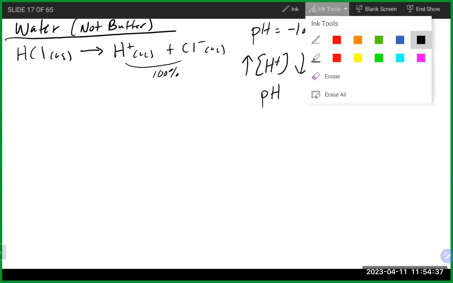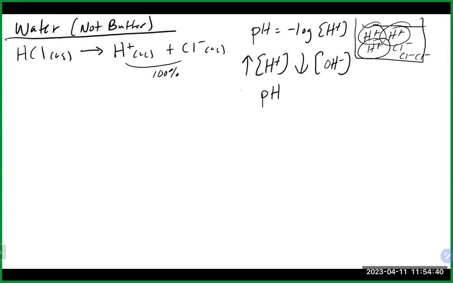Sorry, my arrow was going the wrong direction. We would expect a big decrease in the pH as we added more acid. Say we have pure water, so a pH of 7. And maybe it goes from 7 all the way down to a pH of 2. A really big jump in pH because we have a lot of H plus that has been made really, really quickly. So this obviously would not be a buffer.